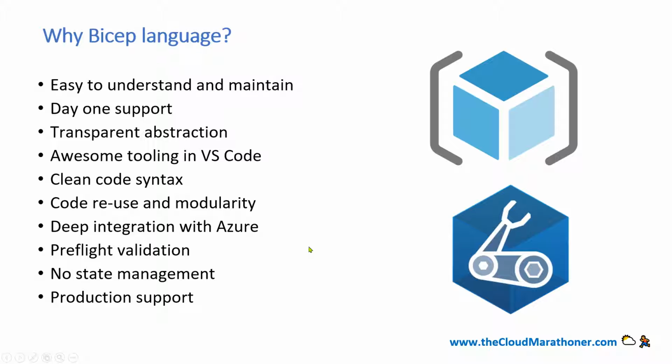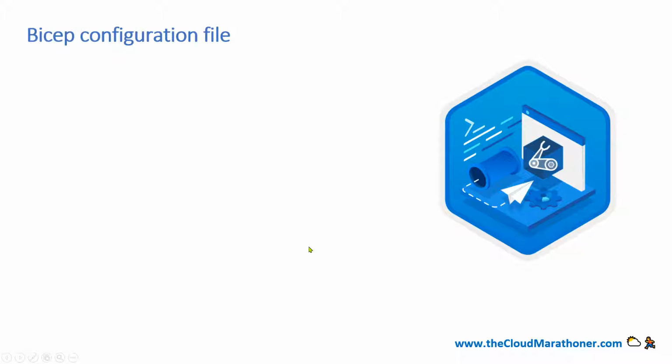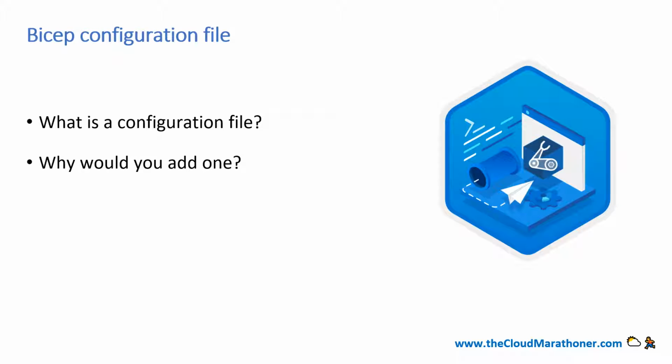Next, let's look at bicep configuration files, because that's the main topic that I would like everybody to get familiar with. First of all, let's look into what this configuration file is, why you would add one into your project, what the default configurations you need to be aware of are, and you can use them, or switch them on or off based on your project needs.